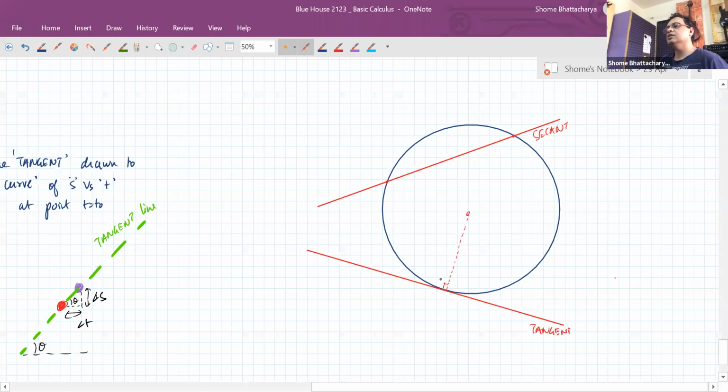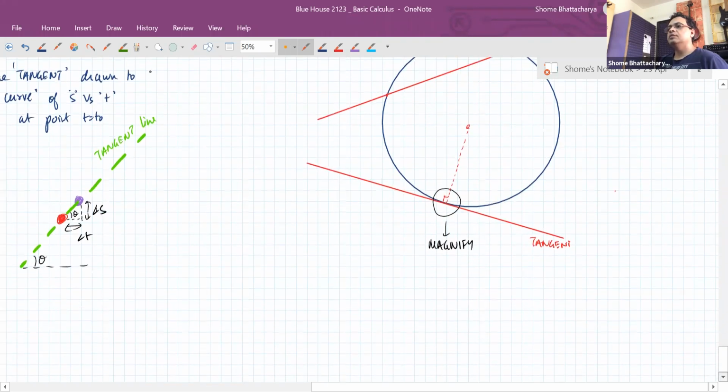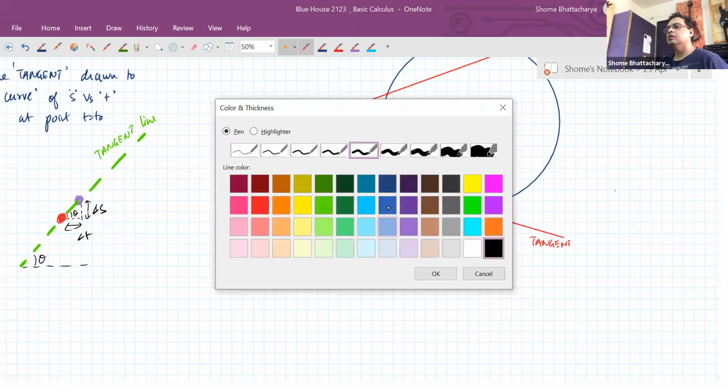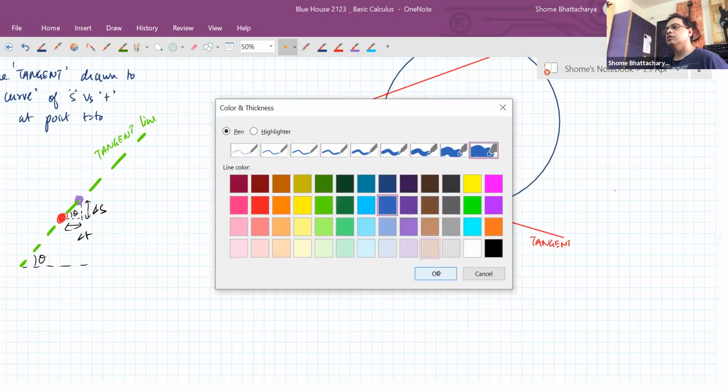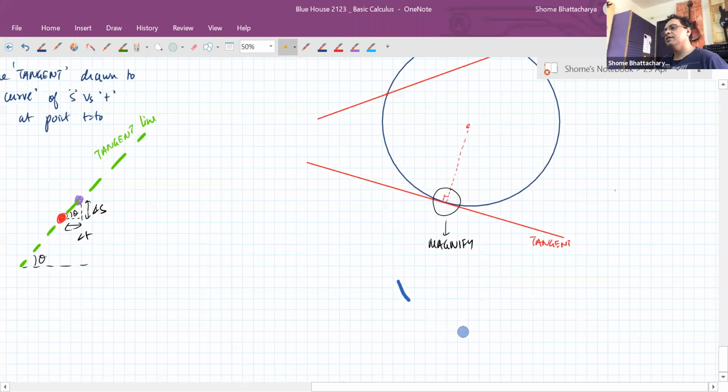Now where it is just about touching the circle, if we really magnify it, how should that look? It will look something like this. The point on that circle, magnified a lot, is like this point. You have another point which is very close to it, almost merging with the first one. It's like two consecutive points on the circle.